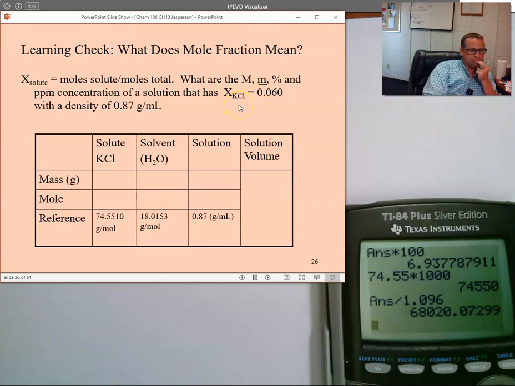It'd be the moles of the solute over the total moles of the solution. That's right. Moles of solute over moles of solution.